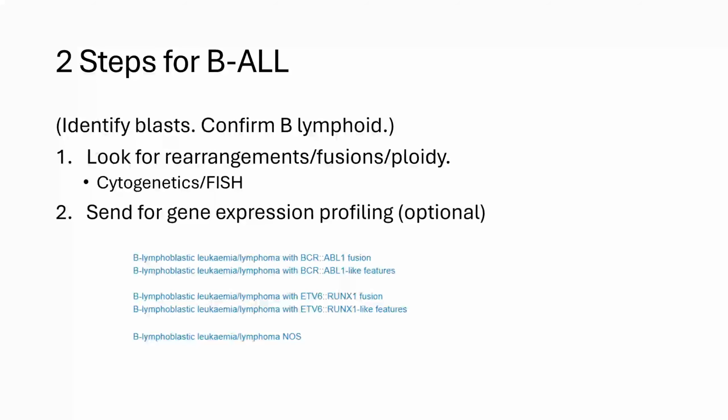This will help us identify cases of B lymphoblastic leukemia lymphoma with BCR-ABL 1-like features and B lymphoblastic leukemia lymphoma with ETV6 RUNX1-like features. Each of these entities have gene expression profiles that are similar to the named rearranged version, but they lack the rearrangement of that gene.